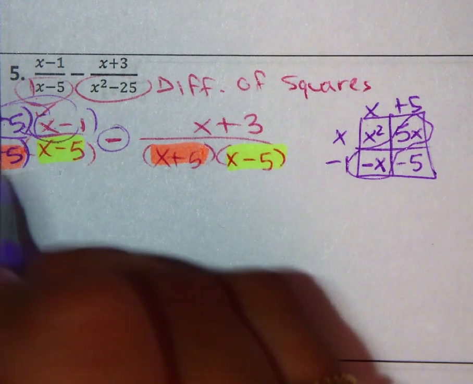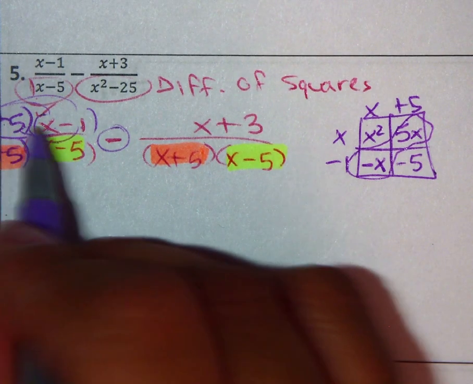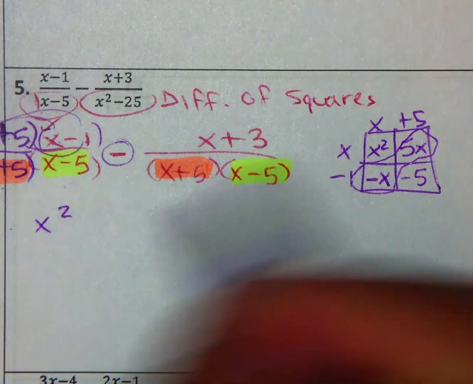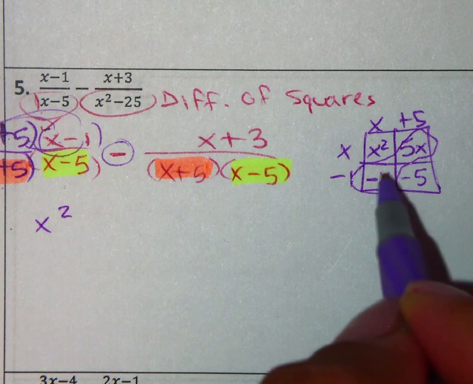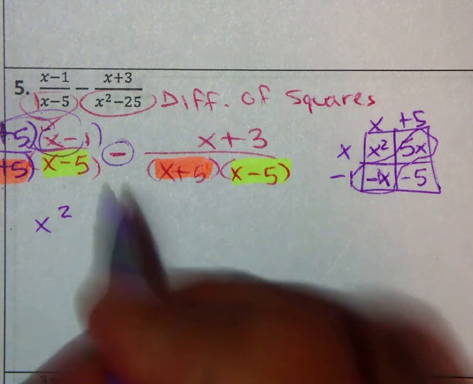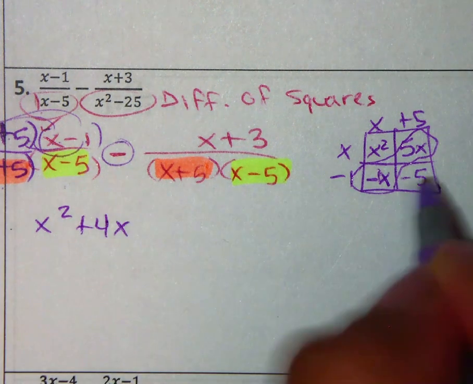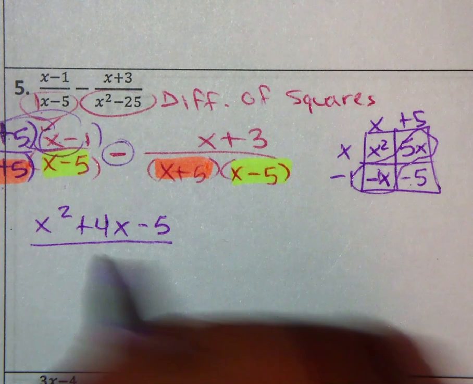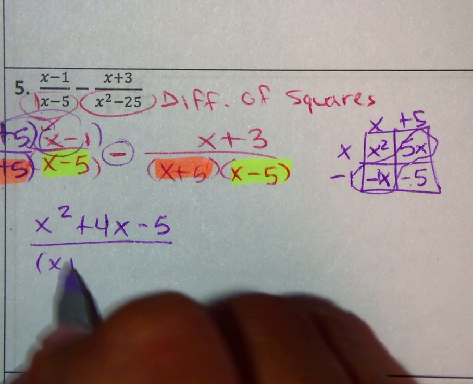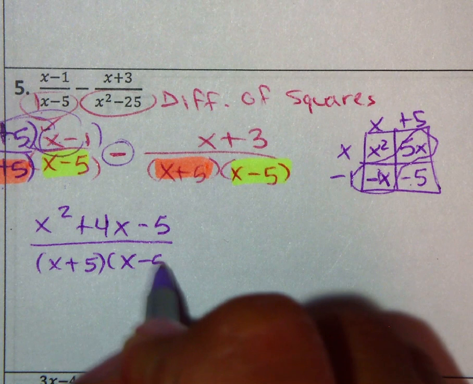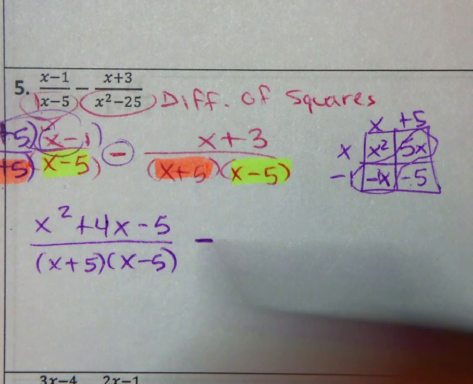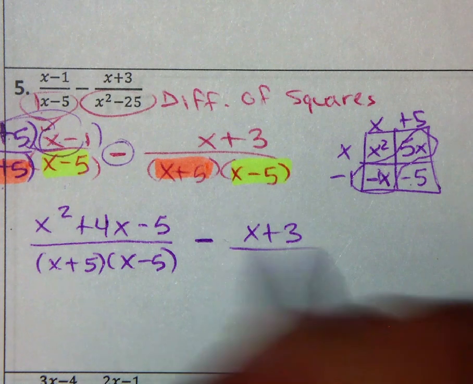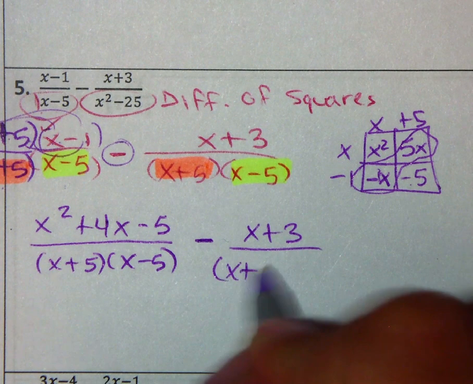So your numerator, when you multiply these two, is going to be x squared plus 4x minus 5, over x plus 5, x minus 5, minus x plus 3. x plus 3 cannot be factored, so you just write it down.